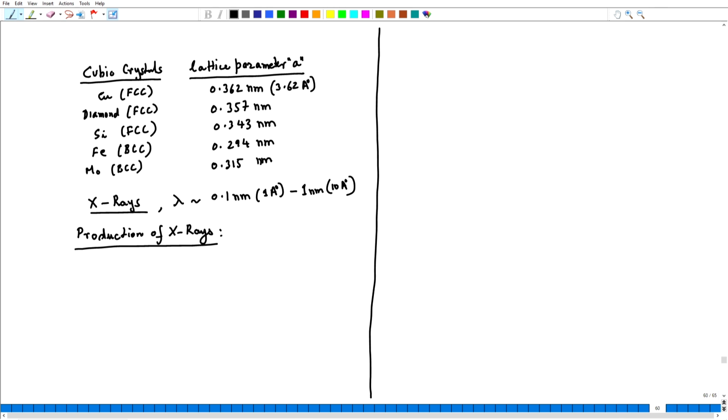How are X-rays produced? Well, essentially we bombard a target metal. So, this is a metal target. We bombard this metal target with high energy electrons. That results in the production of X-rays.